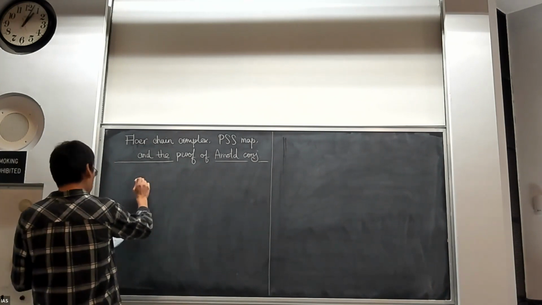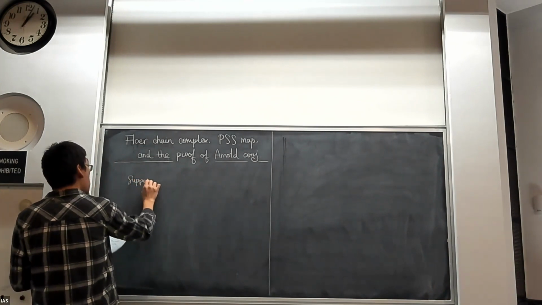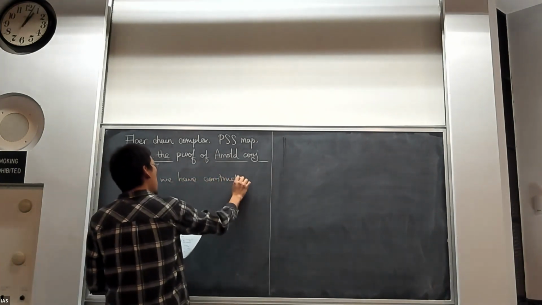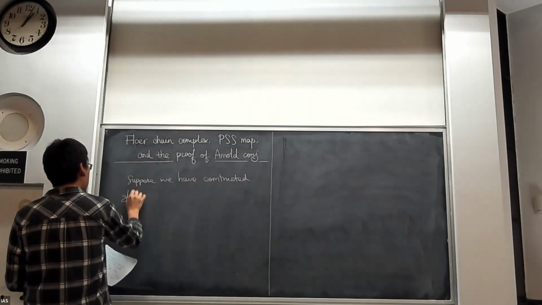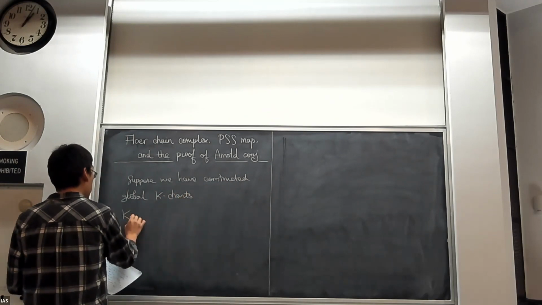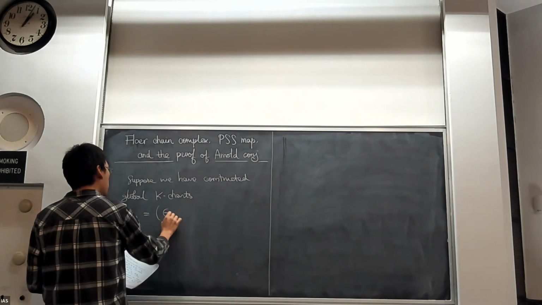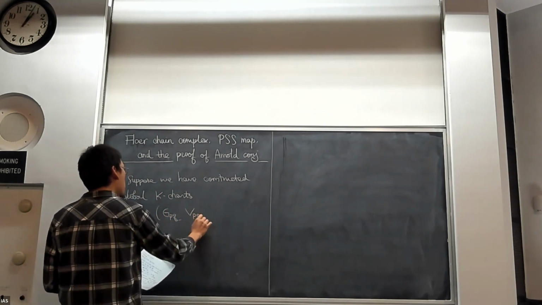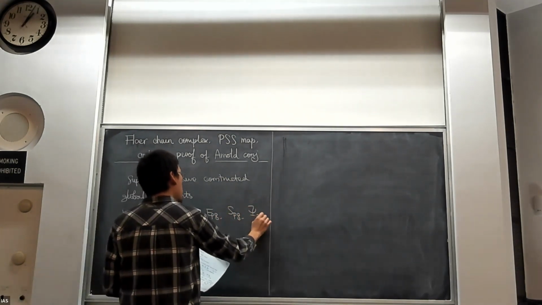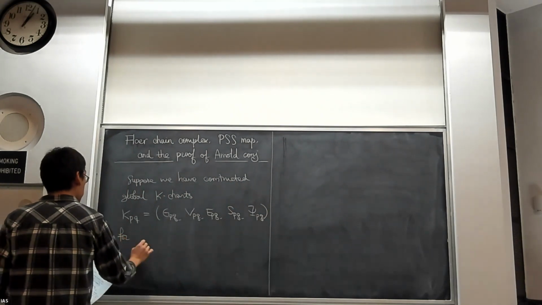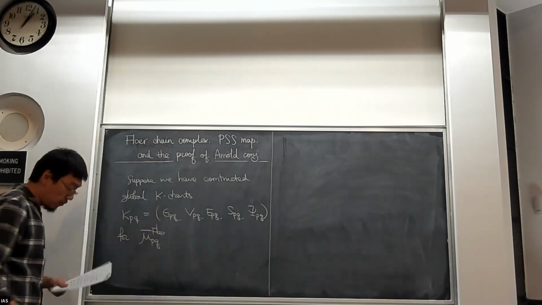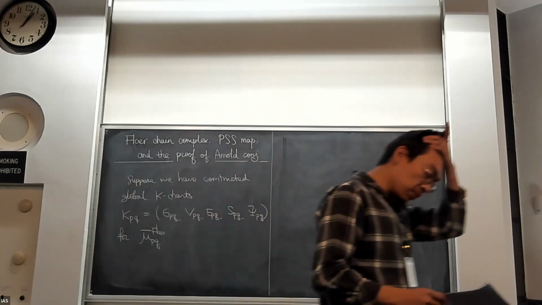So let's assume we have constructed global charts for the Floer moduli space M_PQ. I will also label it with "Floer" because we're going to discuss different types of moduli spaces.